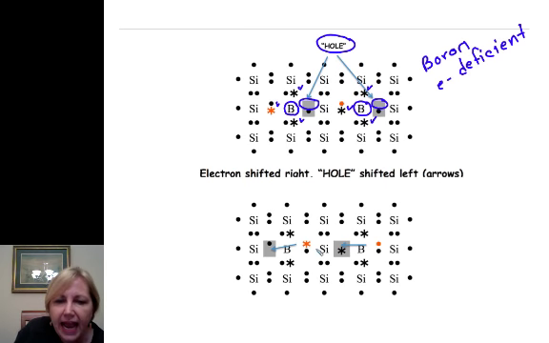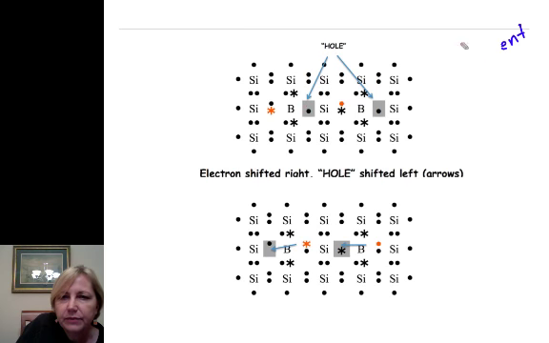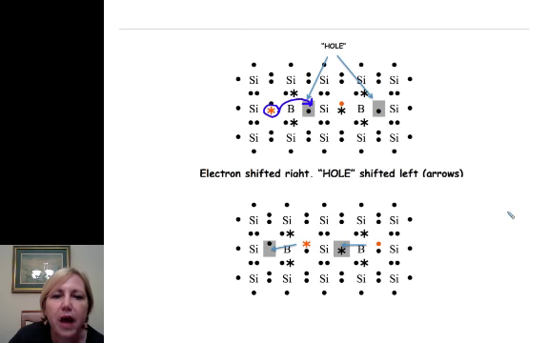Now, here's what happens. If an electron shifts location, all right, so we have our hole here. Let's look at this electron. If this electron shifts and hops into that free spot, now what's going to happen is the hole has shifted.